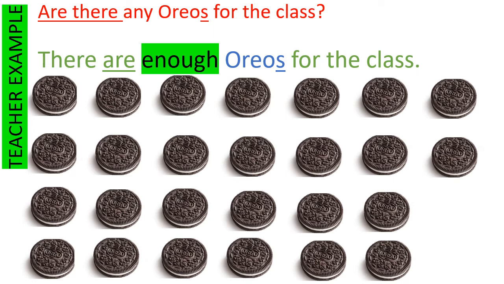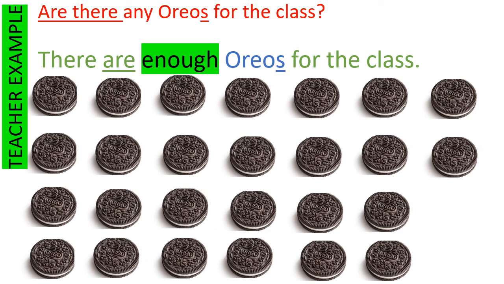So the question in red, this is the teacher example, are there any Oreos for the class? So I see pictures of Oreos, and I counted these Oreos, and the exact number is 26, which means that each person in the class gets an Oreo. So I can say there are enough Oreos for the class.